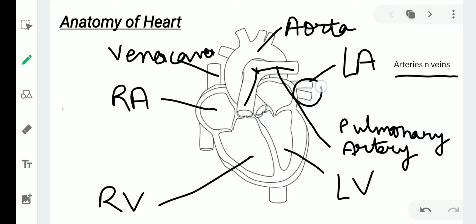And these two veins, as they bring back the blood from the lungs to the heart, are the pulmonary veins. Please excuse my writing as I'm using my finger. So basically we have the basic structure: the four chambers and the vena cava, aorta, pulmonary vein and pulmonary artery. Now let's go into a bit of detail.